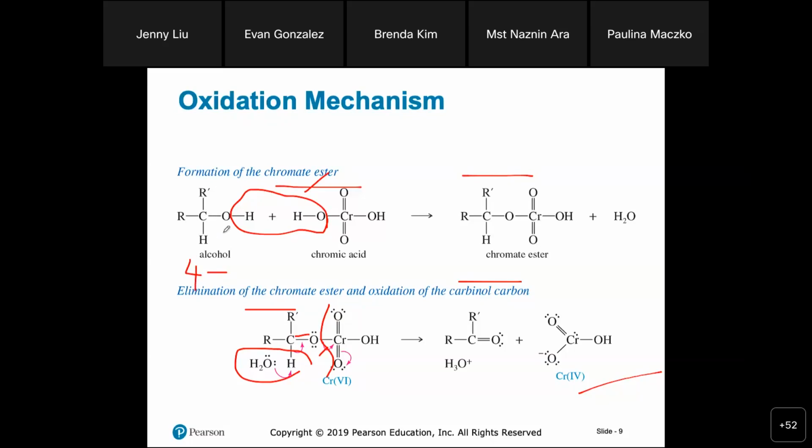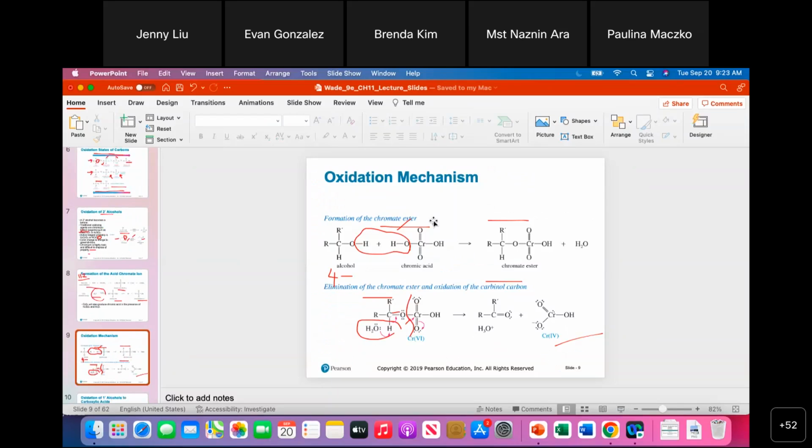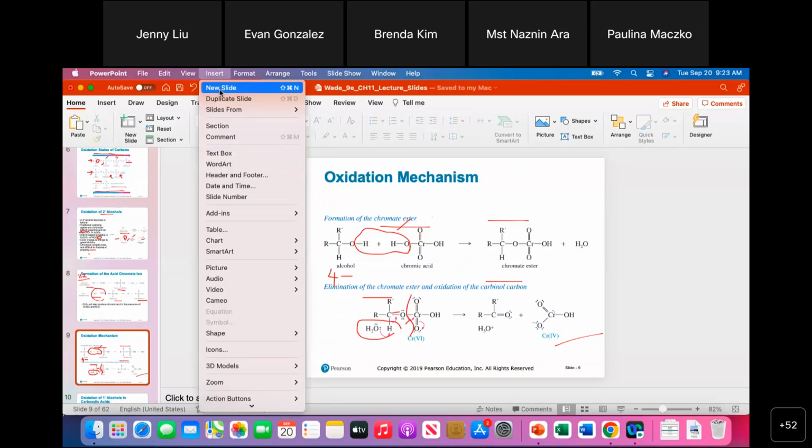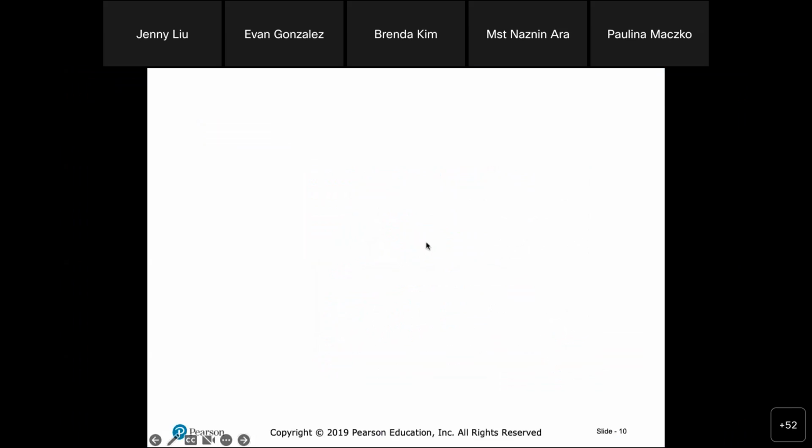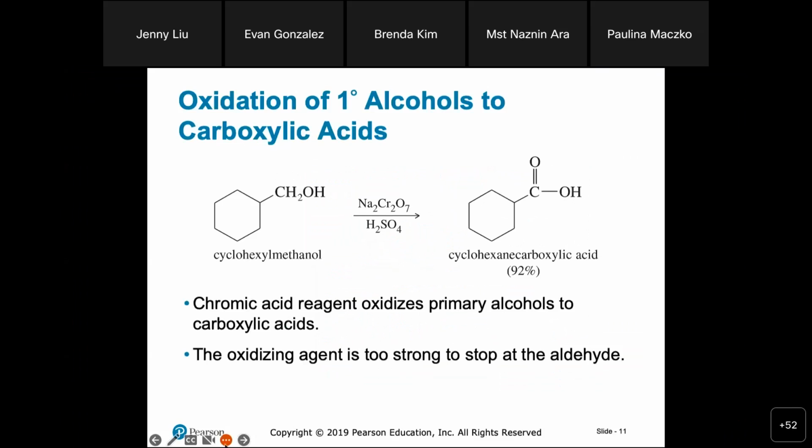So next, let's open one new slide, and I will show you how we can calculate with one example. Here, let's write one primary alcohol. Sorry.